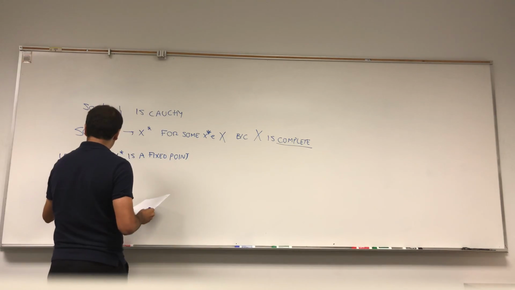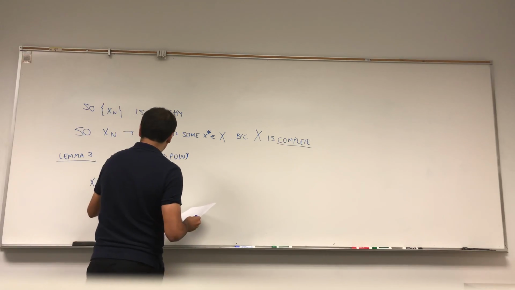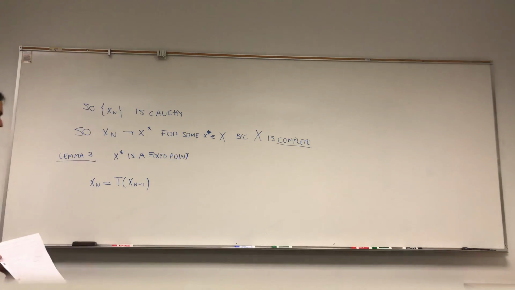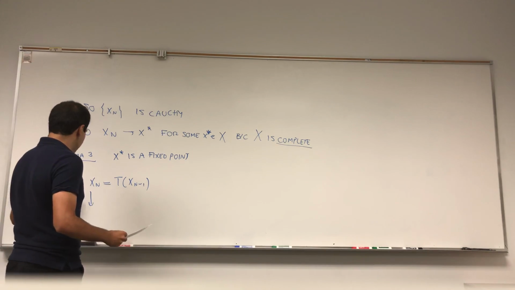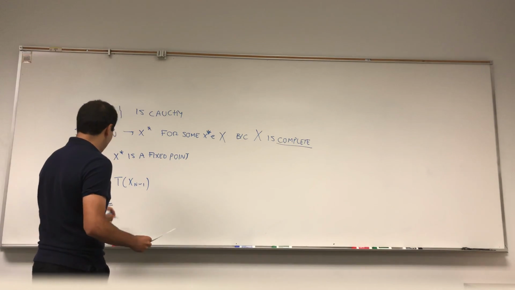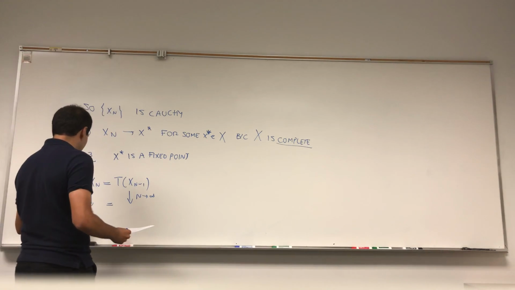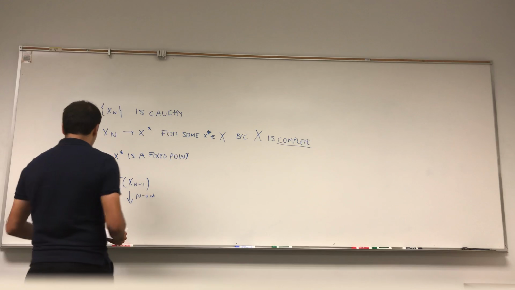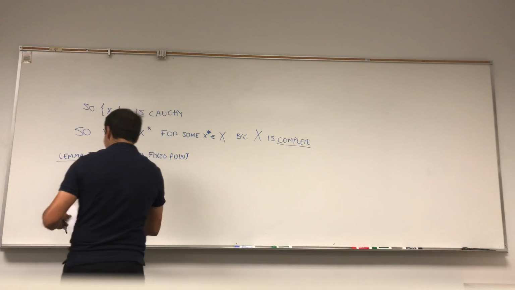For this, just use the definition of T. So x_n is T of x_(n-1). Now let's just take the limit. Before, it didn't really make sense, but now we know that x_n converges.